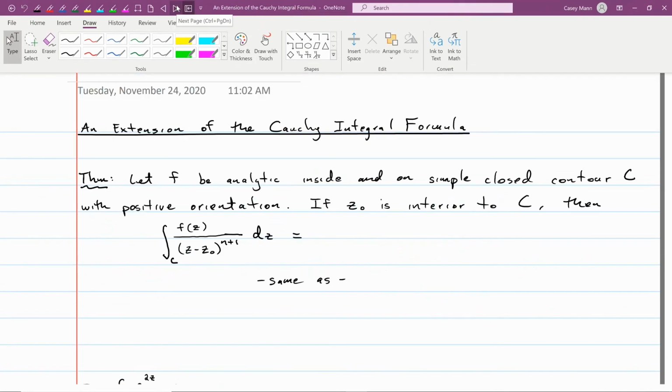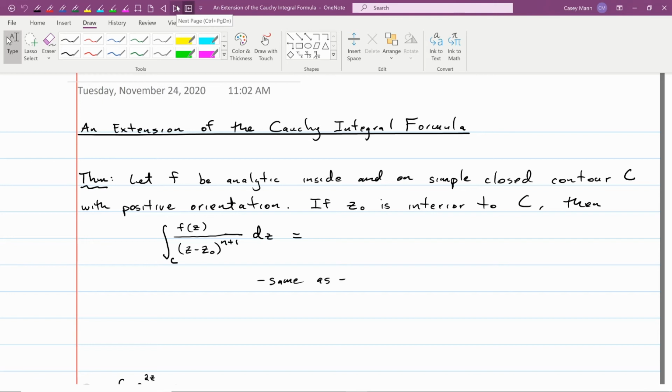And there's a wonderful extension to the Cauchy integral formula. It has basically the same hypotheses as the original Cauchy integral formula. Your function f has to be analytic inside and on a simple closed contour C that has positive orientation, and you've got to have a point z naught that's in the interior of the curve.